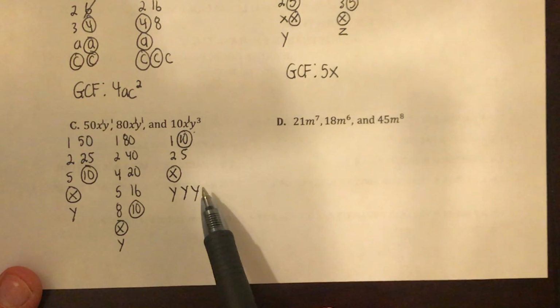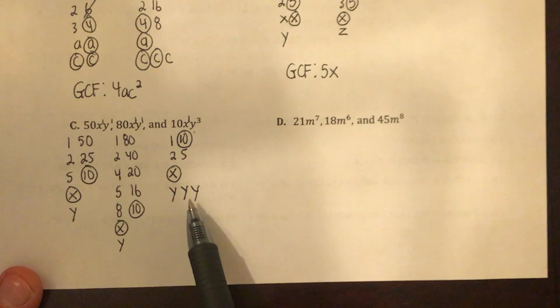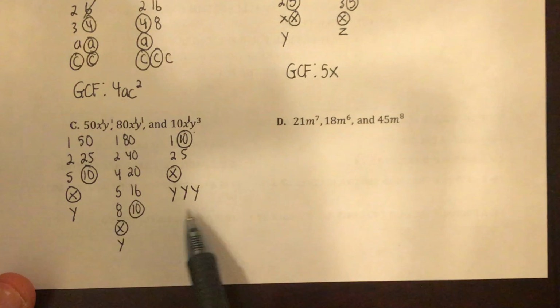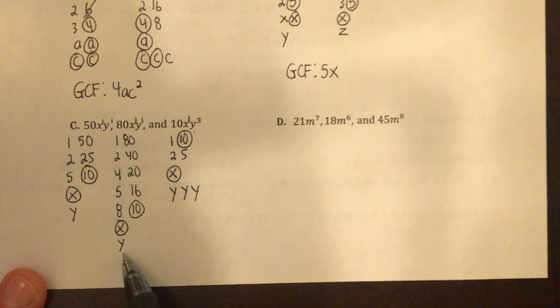Now I need to look at the y's. So are y's involved? Well, I've got 3 here, so the maximum I could potentially have in my greatest common factor is 3 based on this list. Do I have 3 here? No, but I have 1 y, so that means that the maximum amount of y's I could have for greatest common factor is 1. So if the third list has it, then that means y is a part of it.